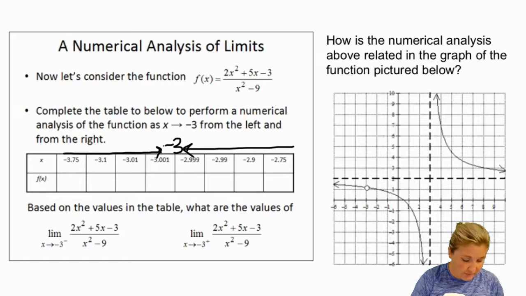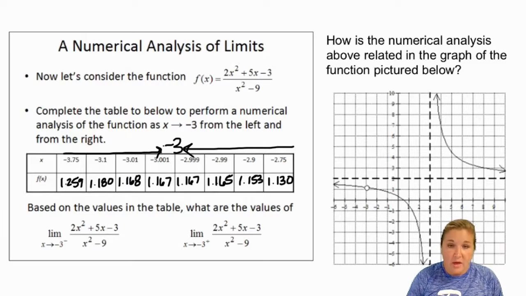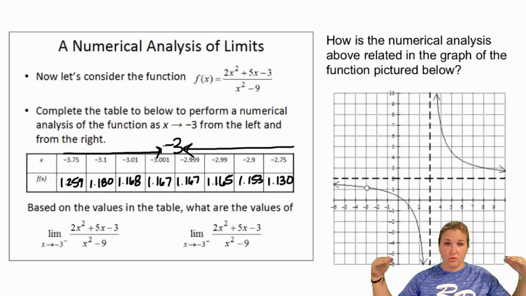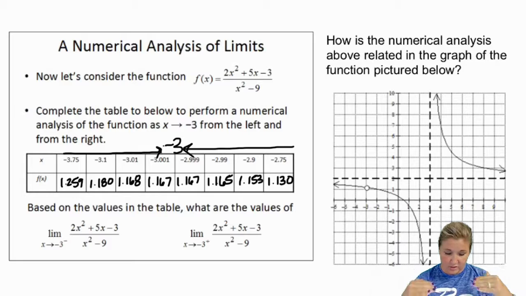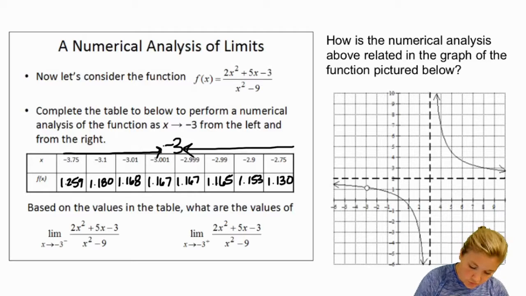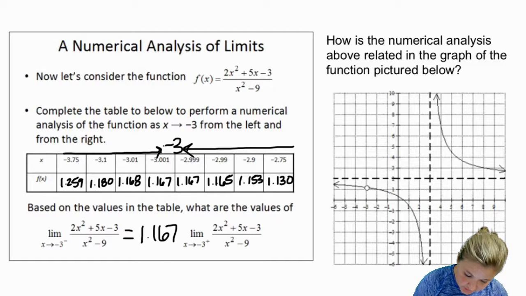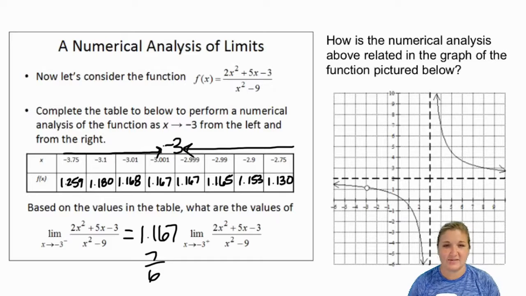So let's look at the table of values here. As you can see, as these two values converge to negative 3, these numbers are getting really, really close to 1.167, which is also, you guessed it, 7/6.